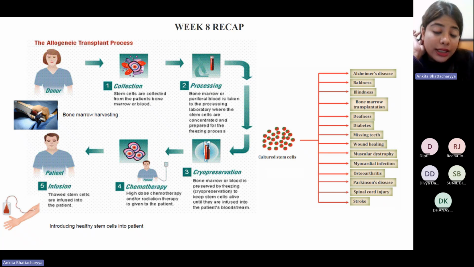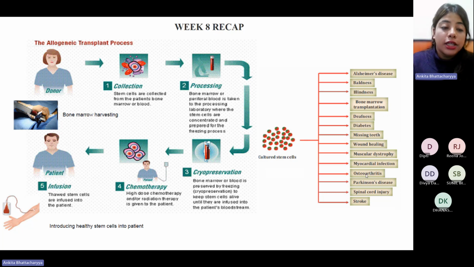So the bone marrow or the blood can be preserved for an extended period of time to keep the stem cells alive until they need to be introduced into the patient. Then after the patient has undergone chemotherapy, which leads to non-specific killing of a large number of cells, these stem cells that were initially frozen can be introduced into the patient.